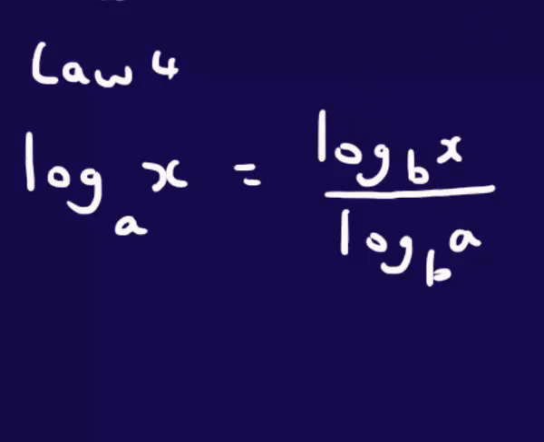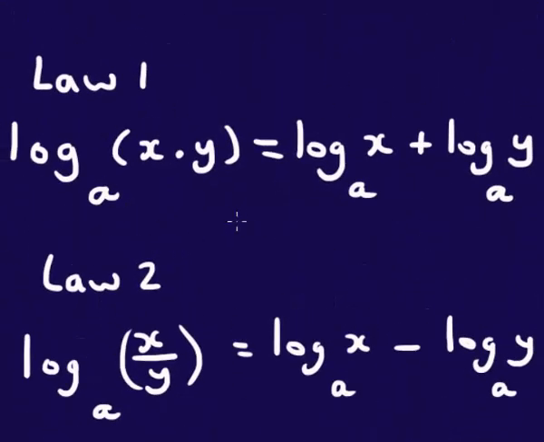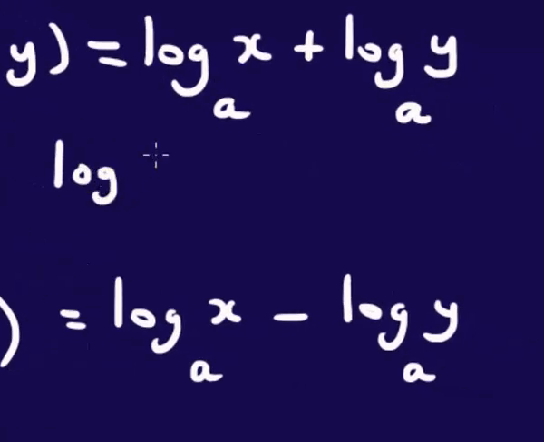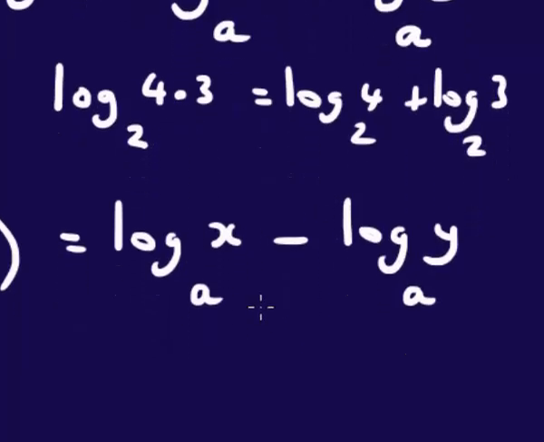Okay, just to look at the examples quickly, we're using these laws. If we look at the first law of logs, if you had, for example, log of 4 multiplied by 3 to base 2, that could actually be log of 4 to base 2 plus log of 3 to base 2. And it would apply if it divides. You actually do the same there.